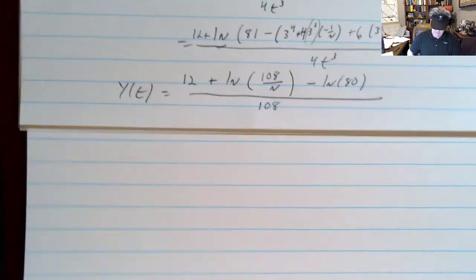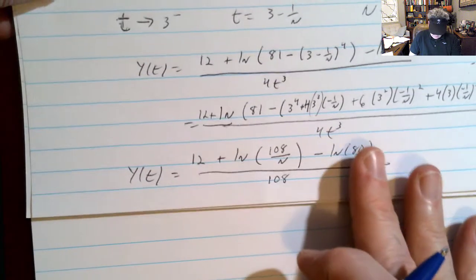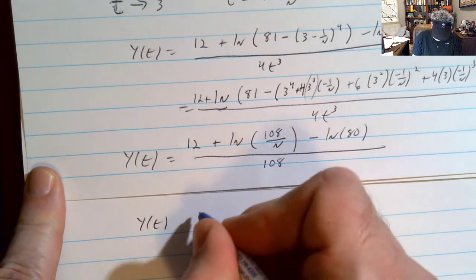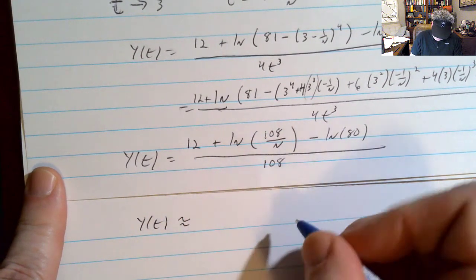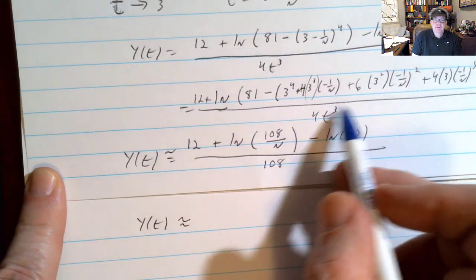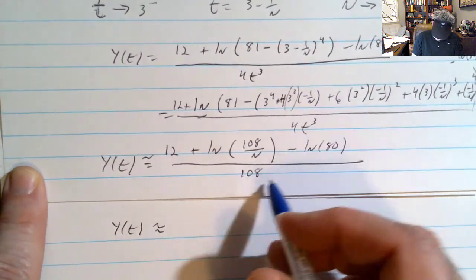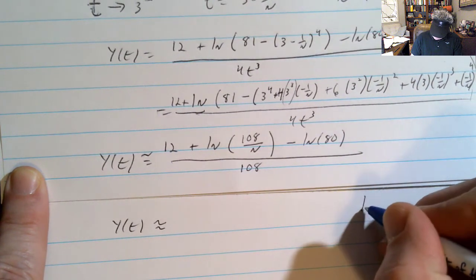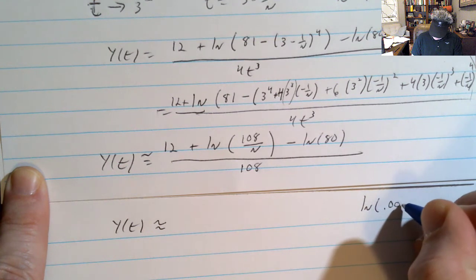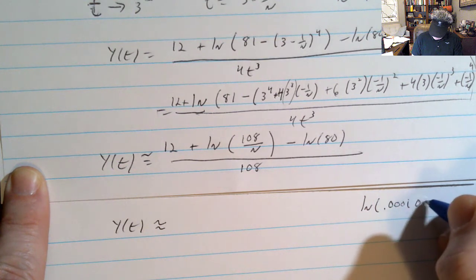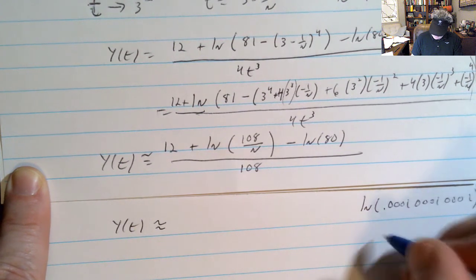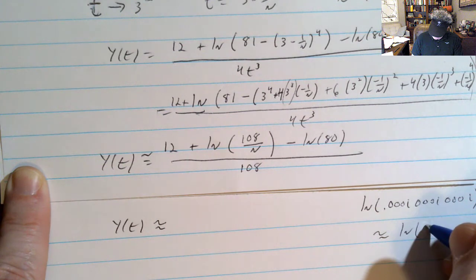So take a look at what we have then. So y of t is going to be, at this point, I've ballparked it because I dropped some terms. But these go to 0 so much faster, right? So just for example, if we were to take log of 0.0001, that would be roughly log of 0.0001.